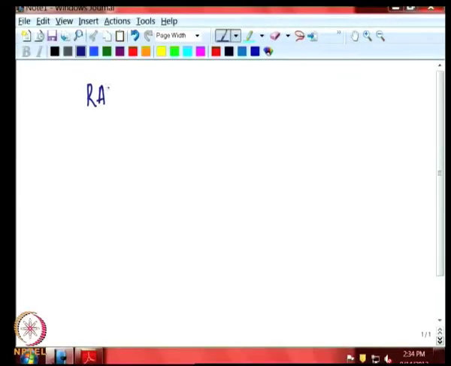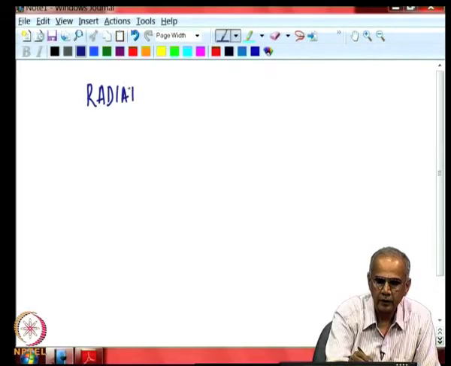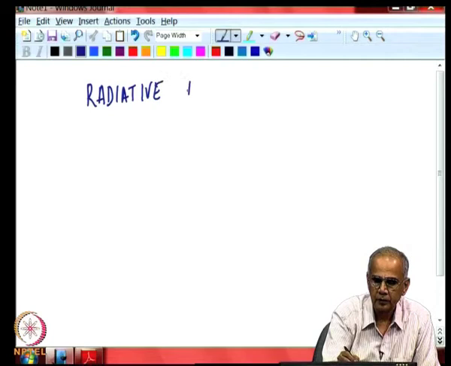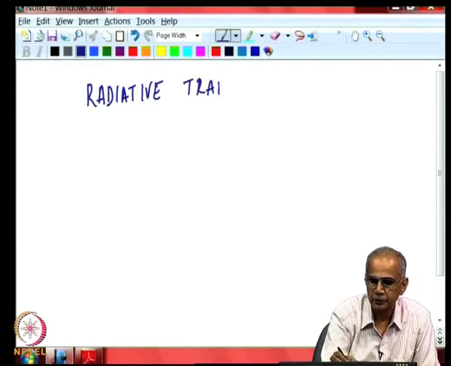The real problems we are dealing with are in radiative heat transfer between surfaces. So, we will now look at radiative transfer in enclosures.